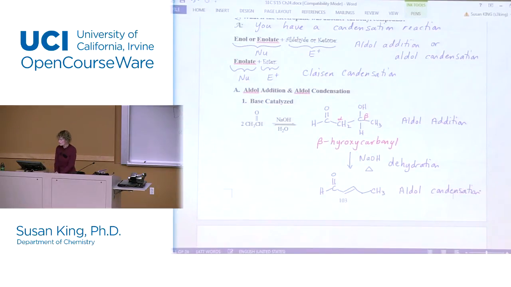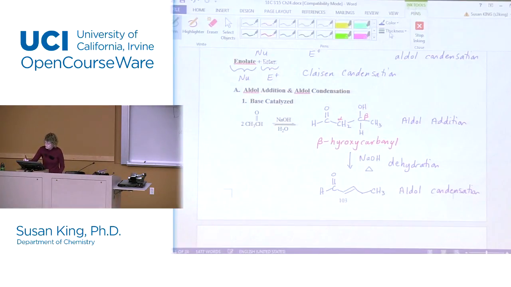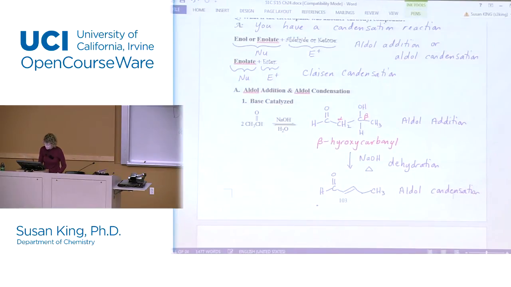You'll see that sometimes we stop at the beta-hydroxy and sometimes we go all the way. Again, this is our alpha-beta unsaturated carbonyl, a nice way to make alpha-beta unsaturated carbonyls.